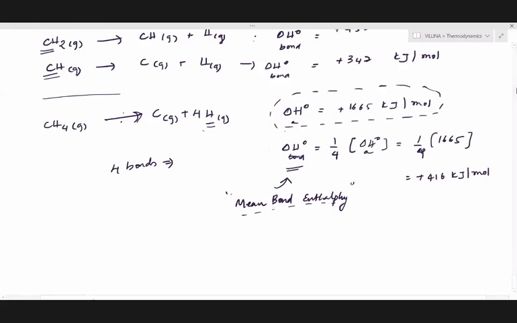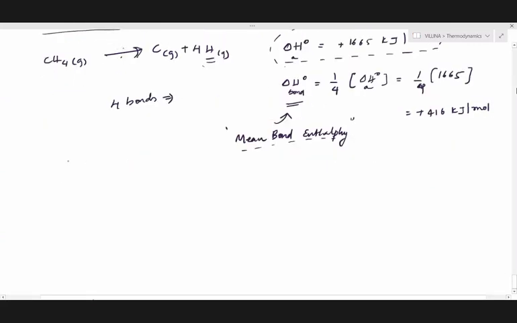So what if different compounds are involved? Some compound AB is converting into some other compound, or A plus B is giving rise to C plus D, or else AB plus CD is converting into AC plus BD.